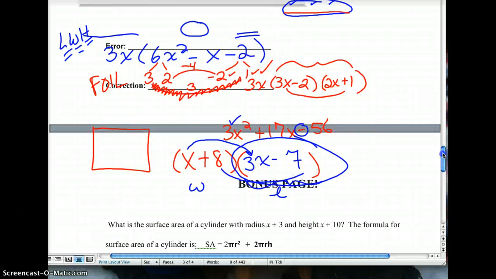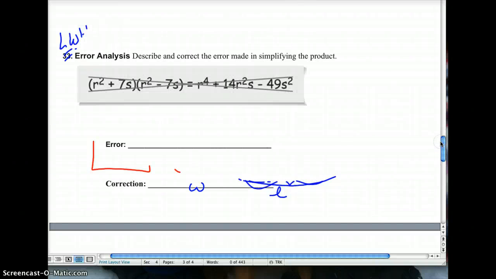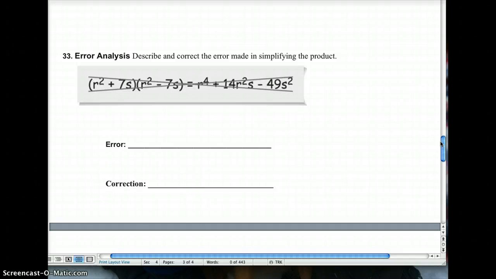And last but not least, the correction on number 33, the error analysis. What was done incorrectly in this problem where it got crossed out? Well, if I was doing this, I would FOIL. R squared times R squared is R to the 4th, so that looks good. R squared times negative 7S, let me FOIL it underneath here.